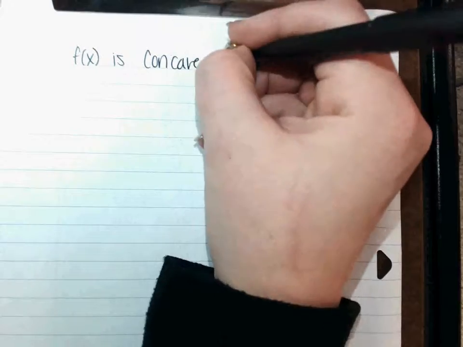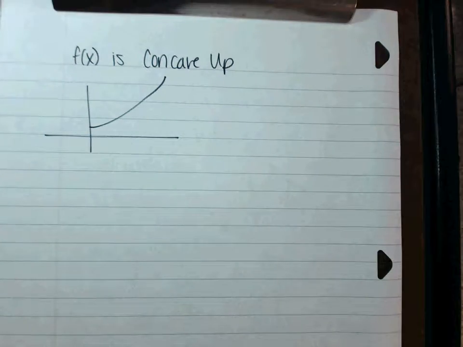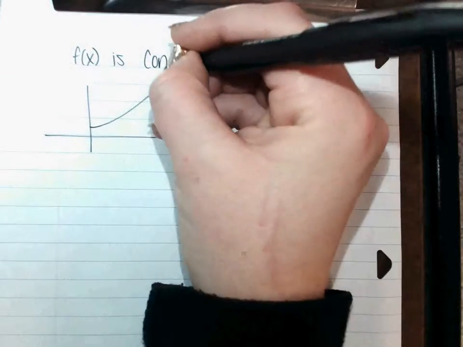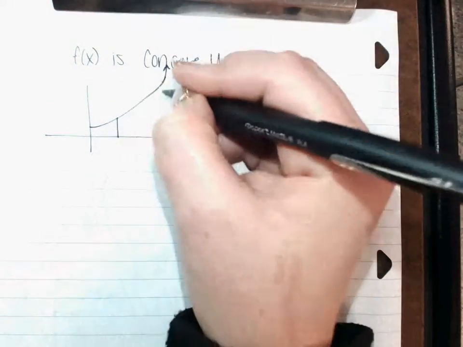So if f of x is concave up, I want you to draw a graph that's concave up, like that. Just pretend. There's our concave up graph. Now I want you to pick an interval. It doesn't really matter which one. I'm going to just go from here to here.